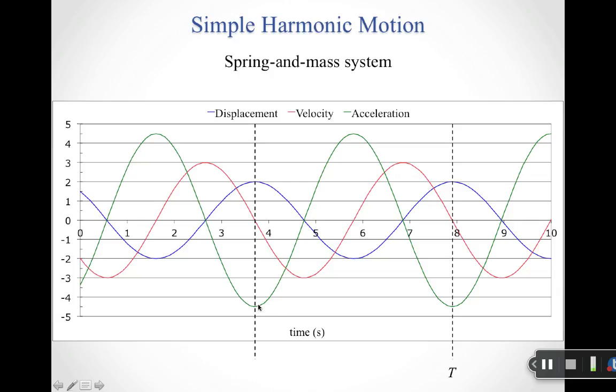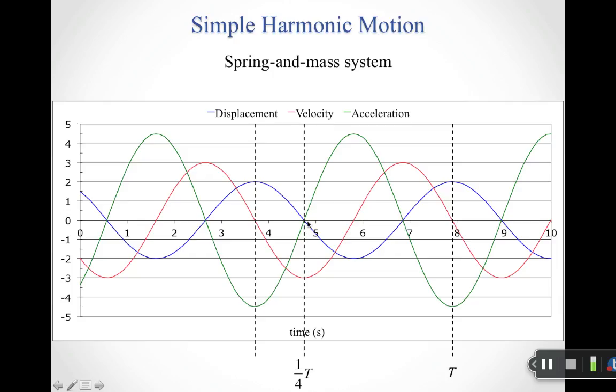One is the spring is trying to pull it back towards equilibrium, so it's pulling in the negative direction, so that sign makes sense. And the farther you pull it away, the larger the acceleration is going to be. The other thing is that when it gets out to amplitude, that's the point where it's going to turn around and start coming back, and in order to turn around, it has to stop. So it makes sense that the velocity is 0 at exactly that same point in time, and that's true for both of these points.